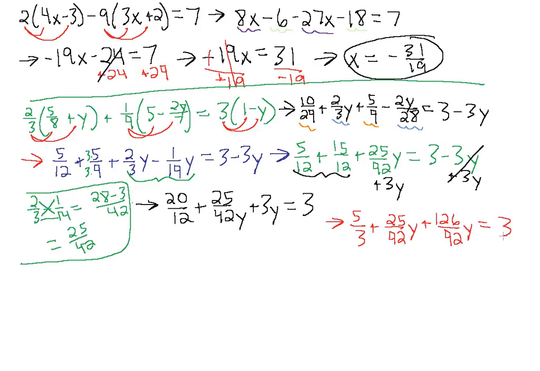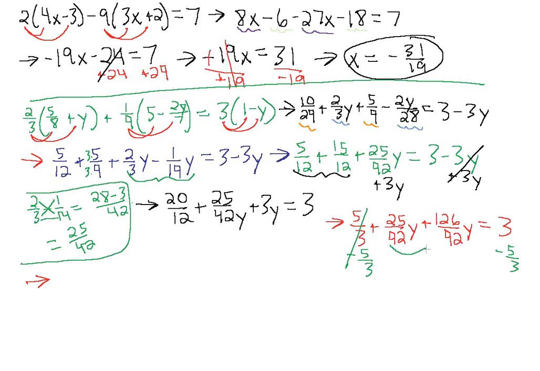Okay? And then we have our 3 out to the side. All right, moving right along. Let's go ahead and, all the variables are on the left, and we're moving all the rest of the junk to the right. So let's go ahead and subtract 5 over 3 from both sides. 5 over 3. That means those will cancel.